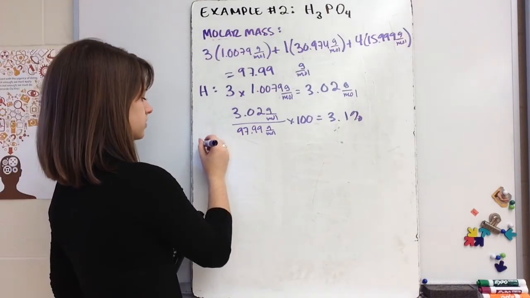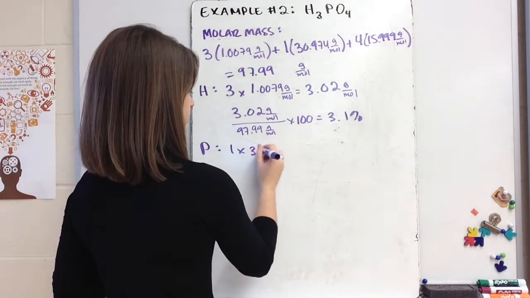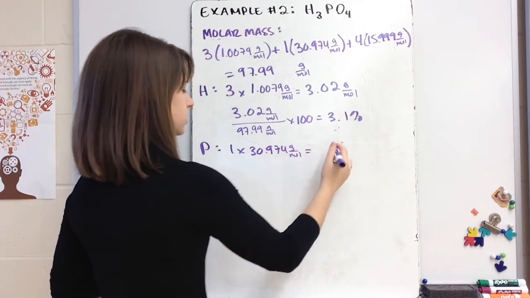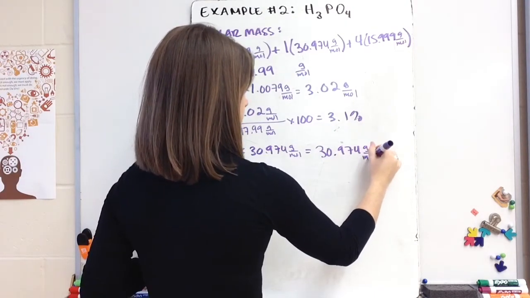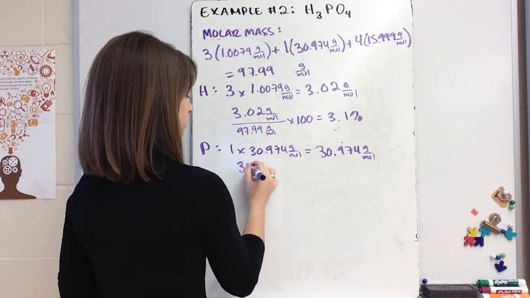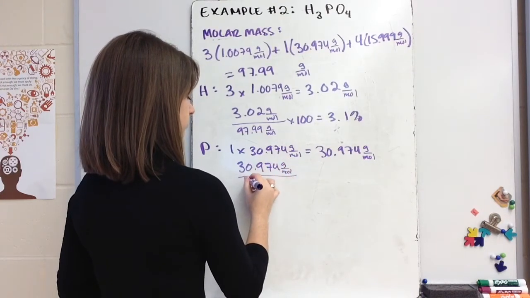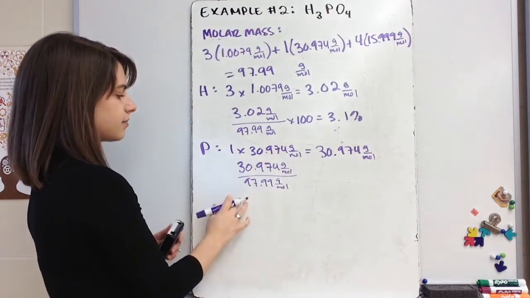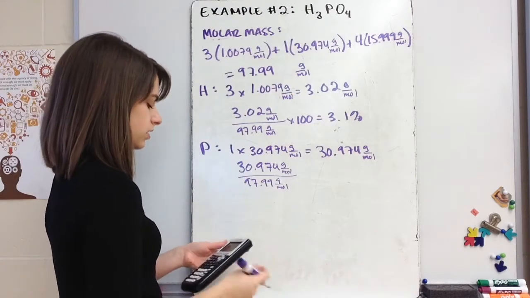Okay, so let's do phosphorus. So I only have one phosphorus, and it had a mass of 30.974. So it's the same thing, 30.974 grams per mole. So if I take that mass of my part divided by my whole, notice the whole is the same every time because we're still using the mass of the whole thing, and that's going to be the same regardless of what component you're looking at.